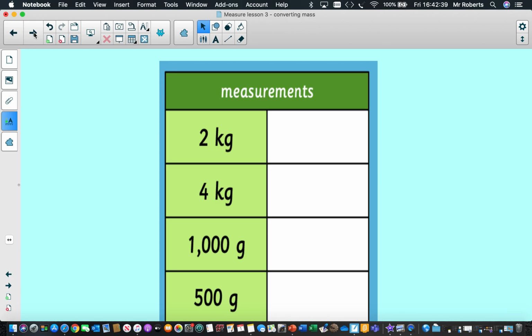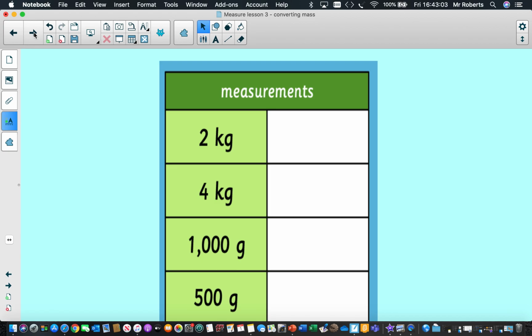Okay, so here we've got another ordering activity. Sometimes these questions are which is the lightest, which is the heaviest. Again, what I would be looking to do is writing them all in the simplest way. Today I'm going to perhaps do it a little bit different. It probably would be easier to write it all in grams, but I'm actually going to write it all in kilograms today.